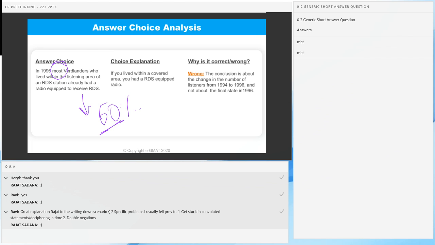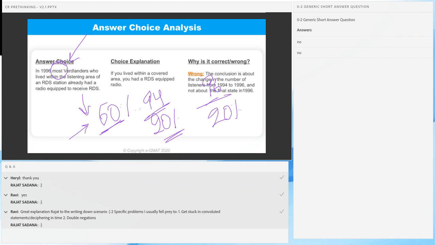Okay. Now, tell me one thing. For the conclusion to hold true, is it required that 60% of all Verlanders who had coverage had an RDS radio? Or in other words, if 20% had an RDS radio in 1994 and the same 20% had an RDS radio in 96, then would my conclusion still not be true? Is this most required? Is that a must be true?